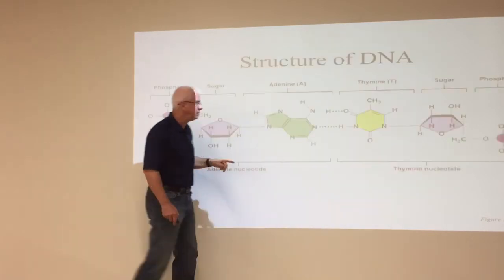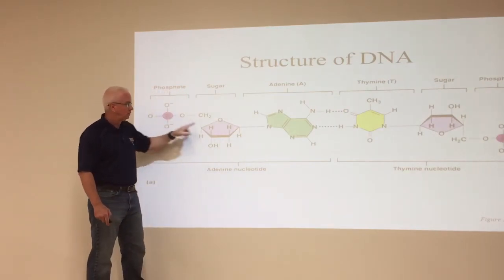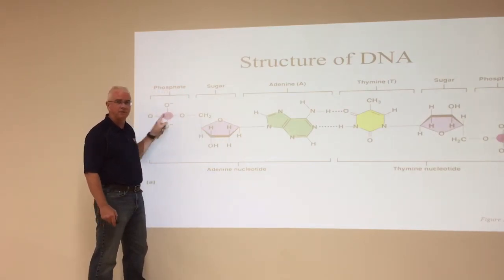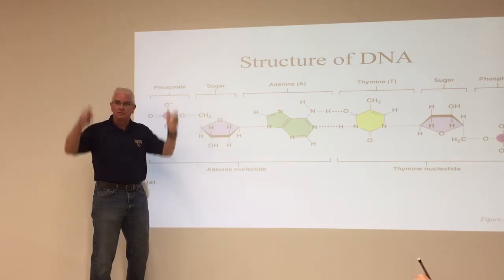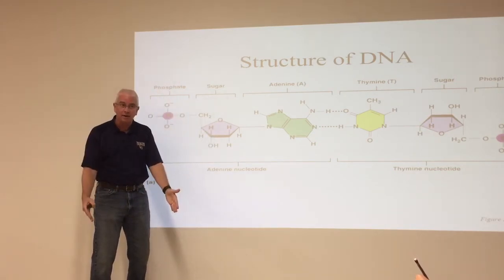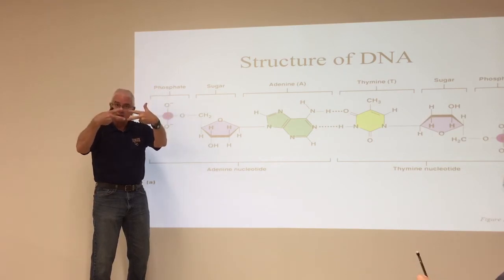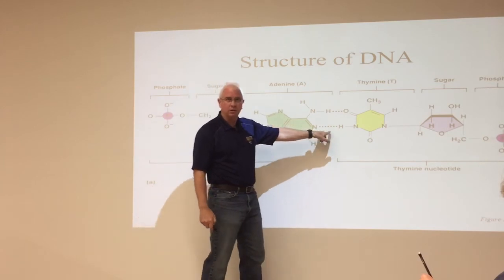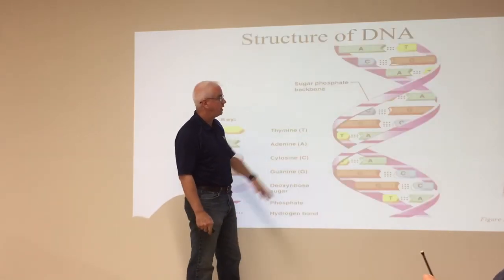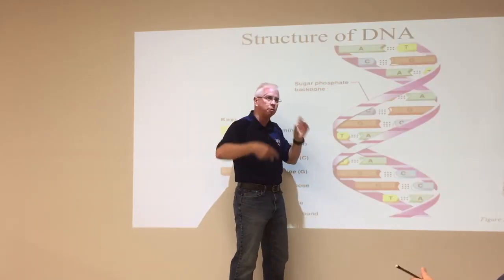And that backbone is this. Sugar, phosphate, sugar, phosphate, sugar, phosphate, sugar, phosphate. That's the sides of the ladder. The rungs built out of the base pairs in the middle of the ladder are the base pairs interacting with each other by hydrogen bonding. So that's what it looks like. And it's twisted. It's a double helix.